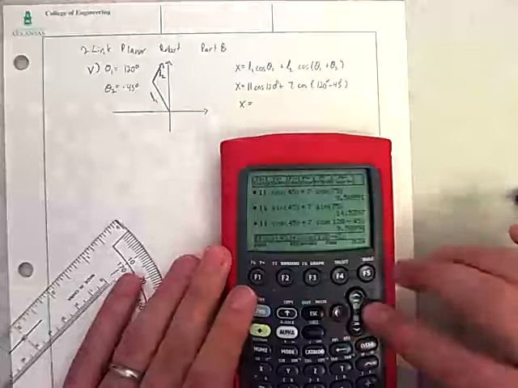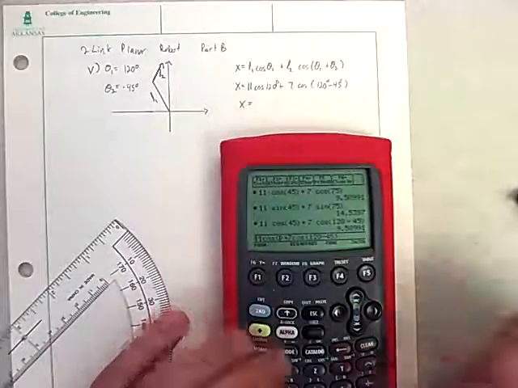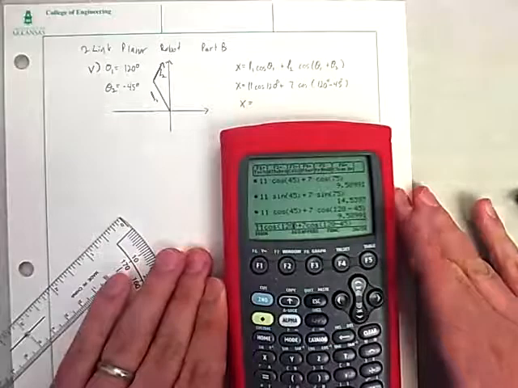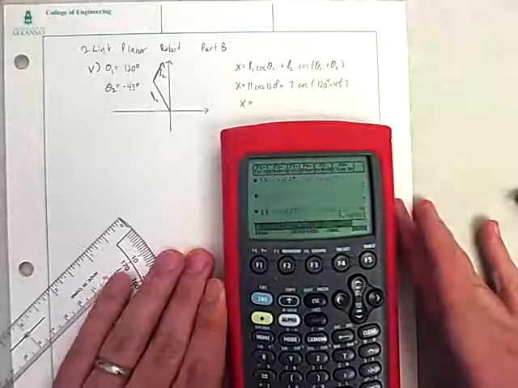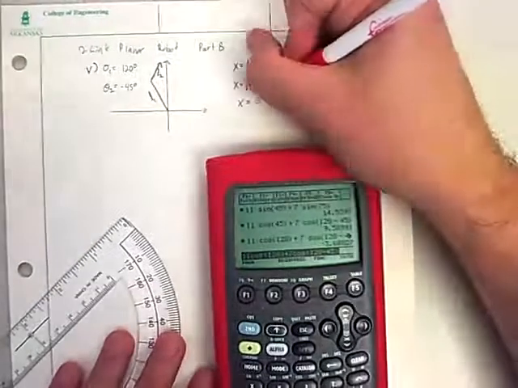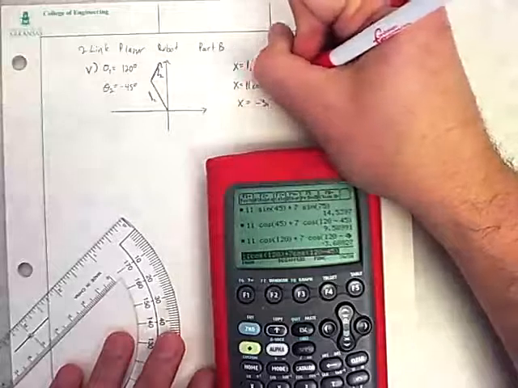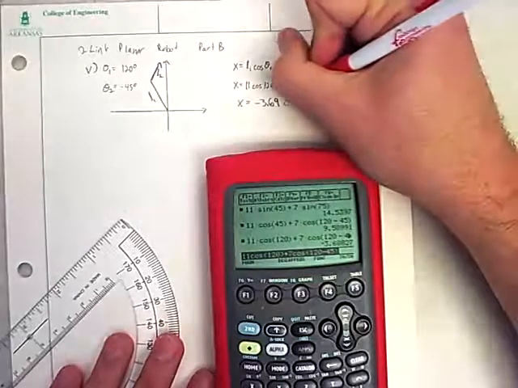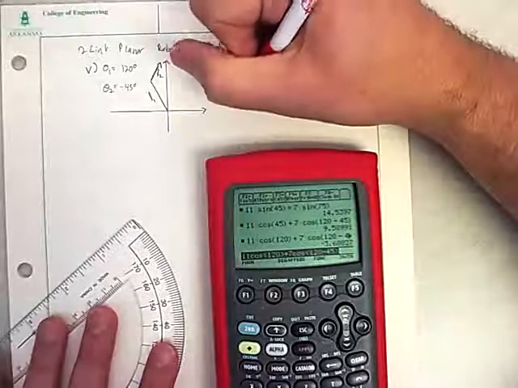The first one is cosine of 120. Alright, so it says that we get a number of negative 3.69 centimeters for our x value.